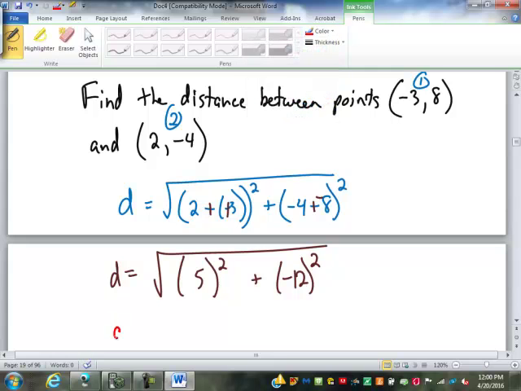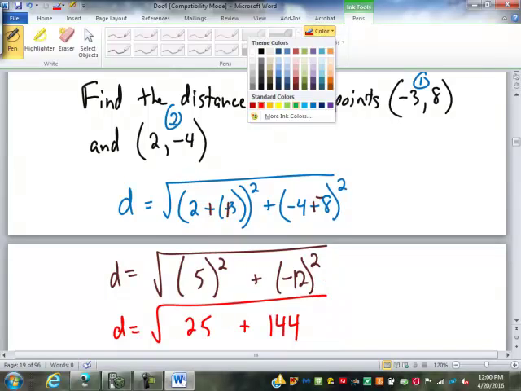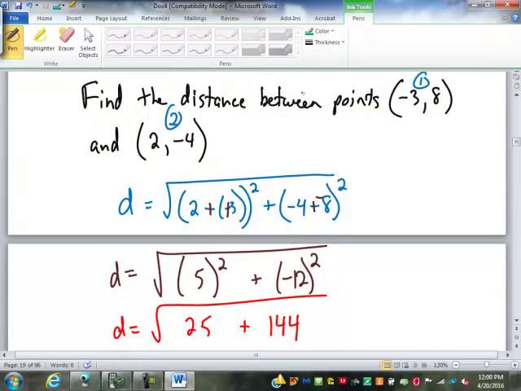Now we'll square each of those. 5 squared is 25. This is again where you have to be careful with your calculator, because when you square a negative, if you don't enter it correctly, it'll try to give you a negative result. You have to put the parentheses around the -12 to square it, which will give you a positive 144.